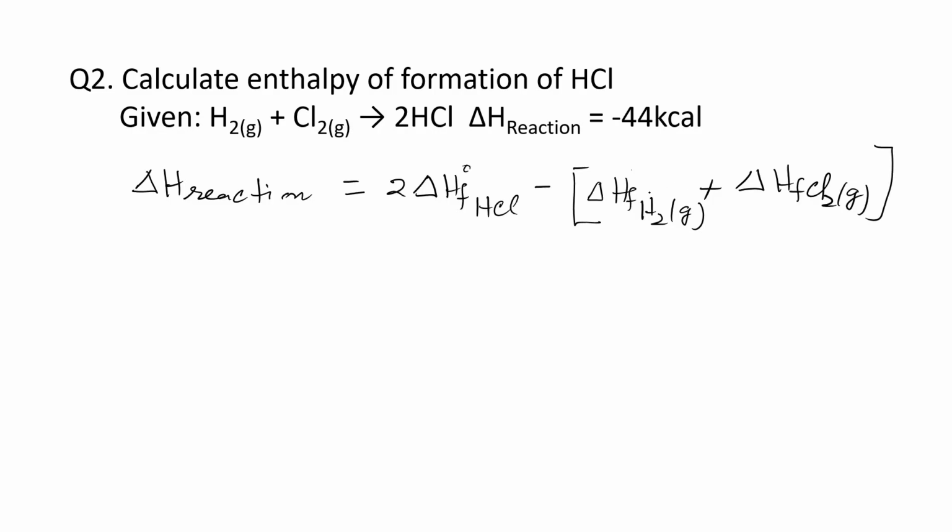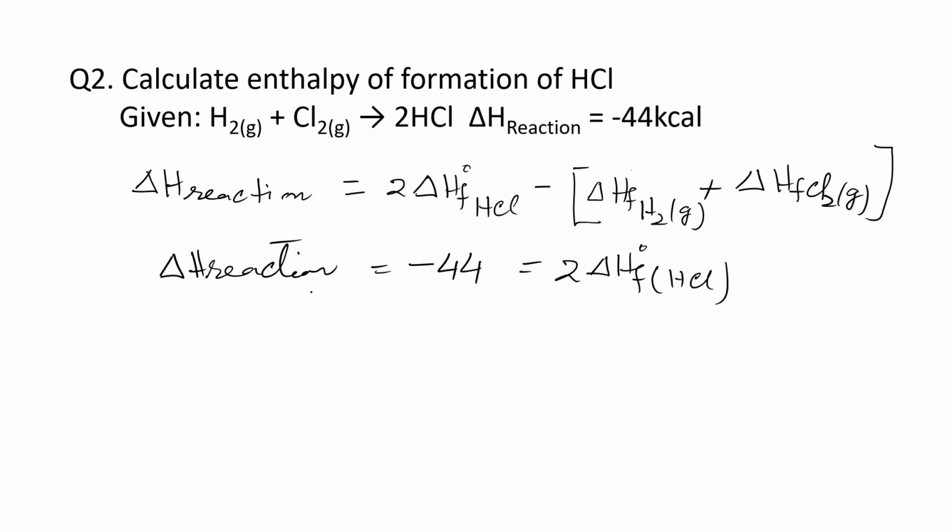Okay, this is 0, naturally occurring state. Enthalpy of formation of the element is 0. So this is 0. Therefore, what can we write? We can write delta H reaction, which is equal to minus 44 kilocalorie, that is equal to 2 delta HF of hydrogen chloride.